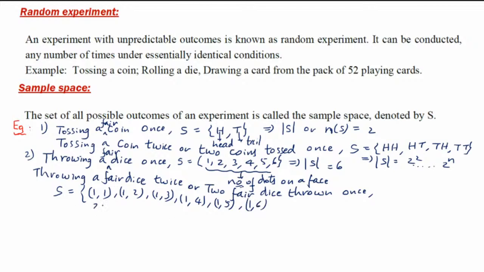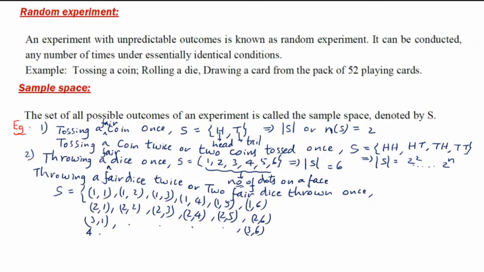Similarly, 2, 1: first dice gives 2, second die gives 1. 2, 2, 2, 3, 2, 4, 2, 5, 2, 6. Like that, 3, 1, 3, 2, 3, 3, 3, 4, 3, 5, 3, 6.